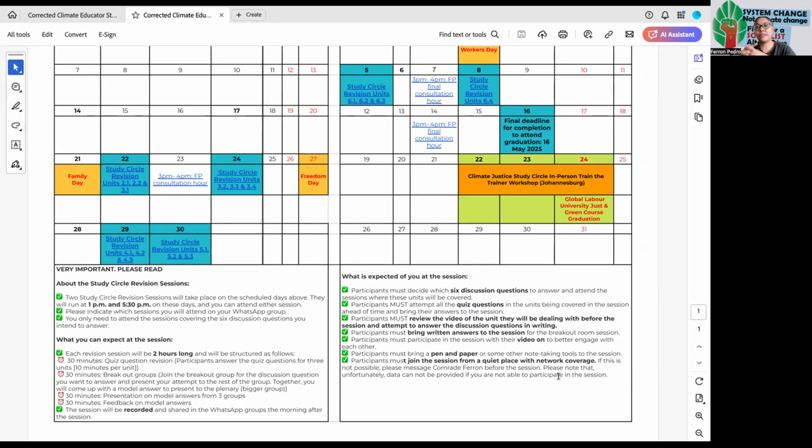I would also like to flag that I have seen some of the answers that comrades have submitted in the course platform, and I can see that some comrades have relied heavily on ChatGPT or AI bots, large language models. I would ask that comrades, rather than rely on that or copy and paste the responses, because it is quite clear when that's happened, just use your own words and give your opinions and views.